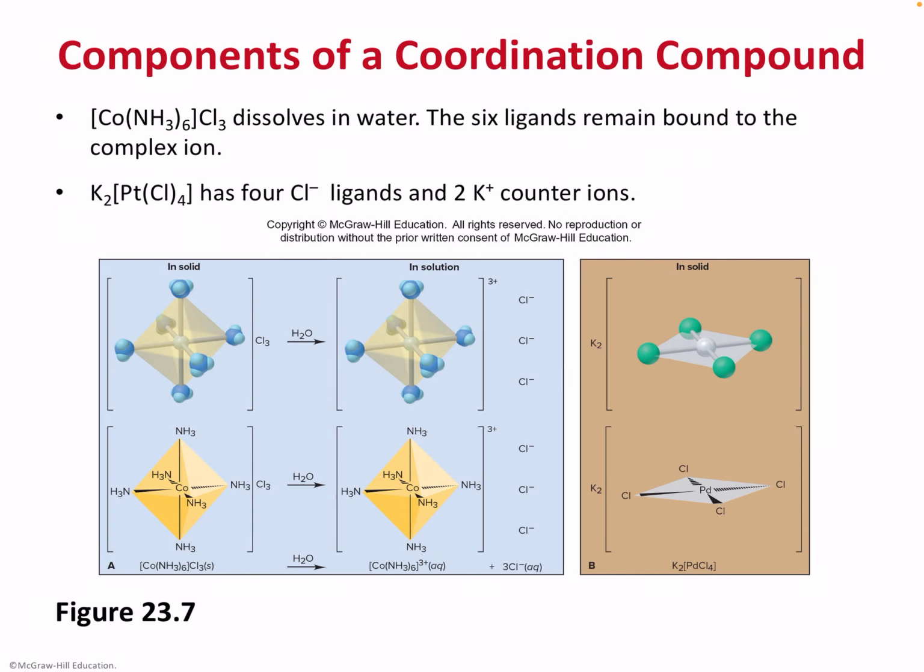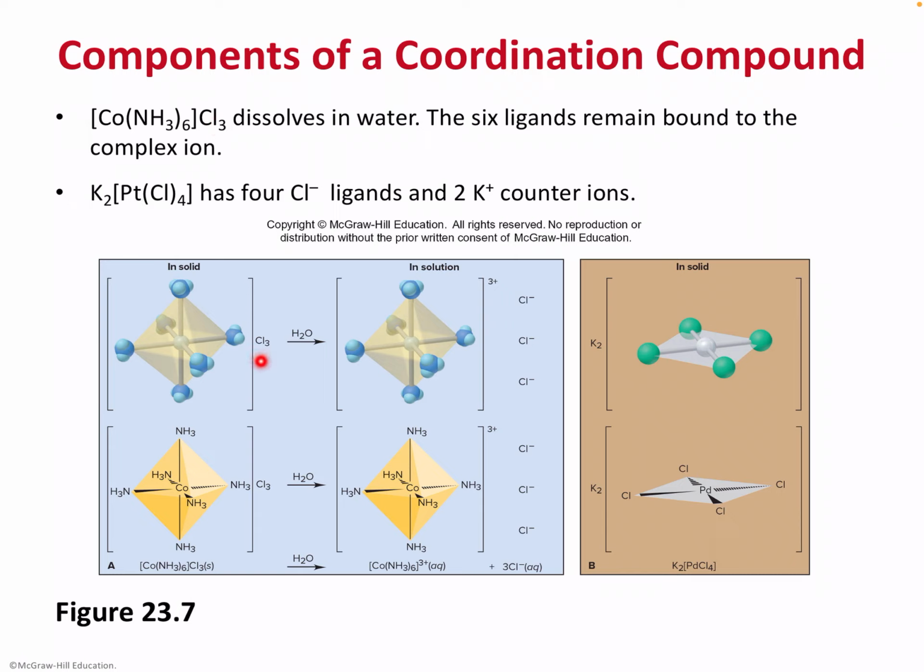Components of a coordination compound. Here we have cobalt with 6 ammonia ligands and 3 chlorides, and this dissolves in water. When it dissolves in water like an ionic compound, the 6 ligands remain bound to the complex ion, and the chlorides will dissociate as the counter ion.